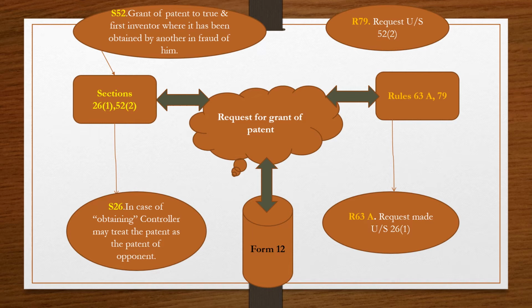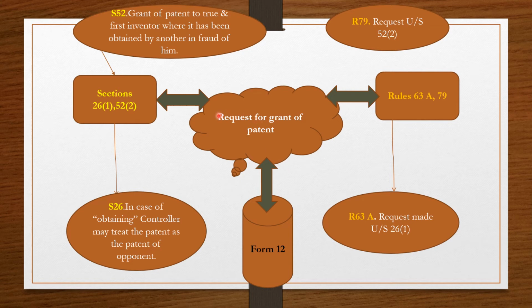Similarly, the related rules are rule number 63A, whose title is request made under section 26 subsection 1, and rule number 79, which is request under section 52 subsection 2. So in this way all these things are related, that means the form, the sections, and the rules. So what is the keyword here?